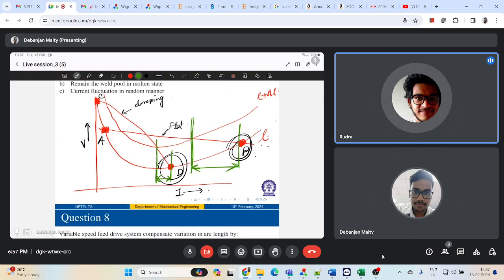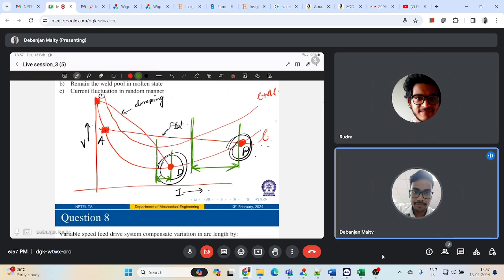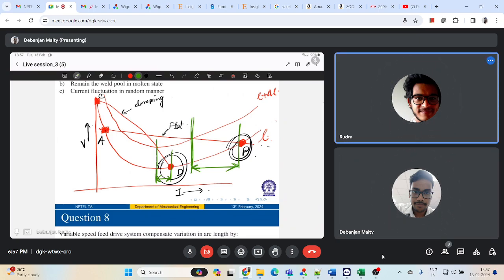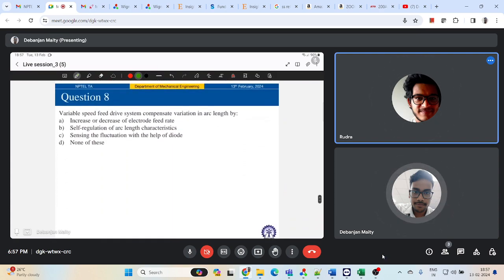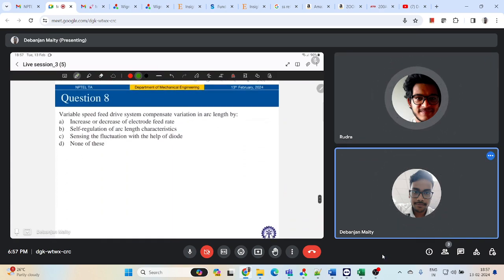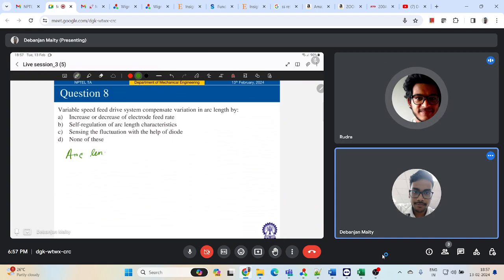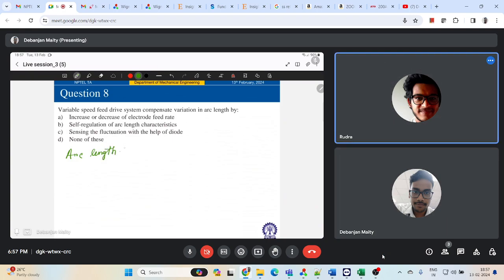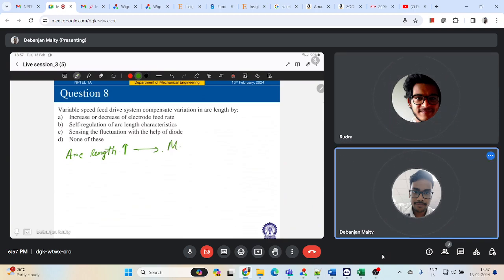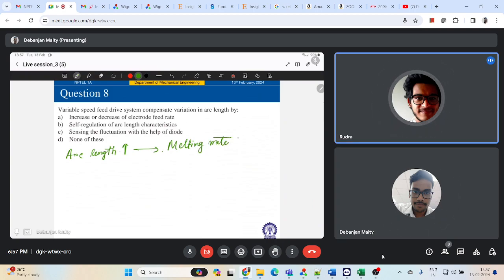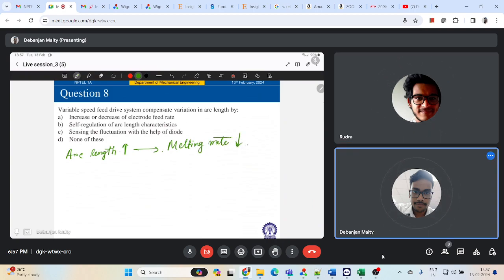So the melting rate being dependent on the current, if my arc length increases, there will be a decrease in melting rate, right?